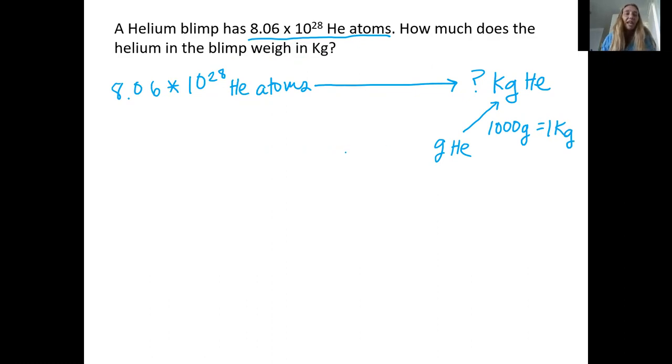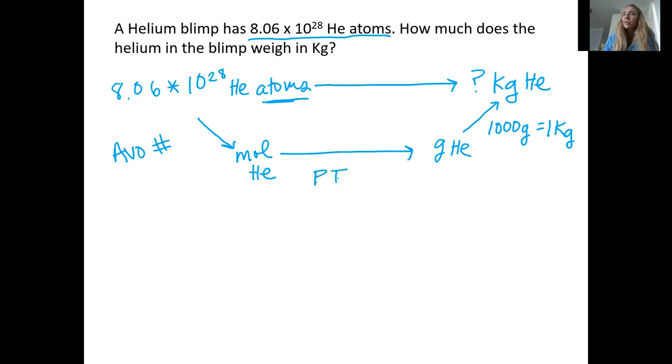Okay, and so then the next step is, okay, when I see atoms, that's kind of another clue that I can convert from atoms to moles of helium, and then do that using Avogadro's number. Okay, and then the last step is for moles to grams of helium. And since these are the same helium to helium, I can use the molar mass or the atomic mass on the periodic table for that helium.